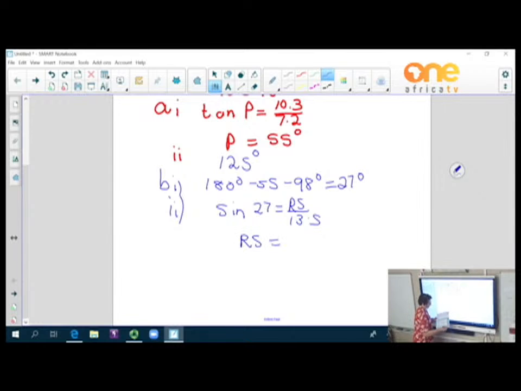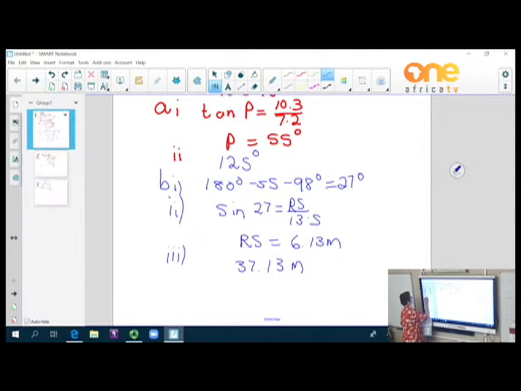Multiply. You will just multiply the two there. And I got 6.13 meters. And then finally, find the total distance that the ferry sails. That's right around PQRS. You just add all those sides, and it is 37.13 meters. That's then the total distance.